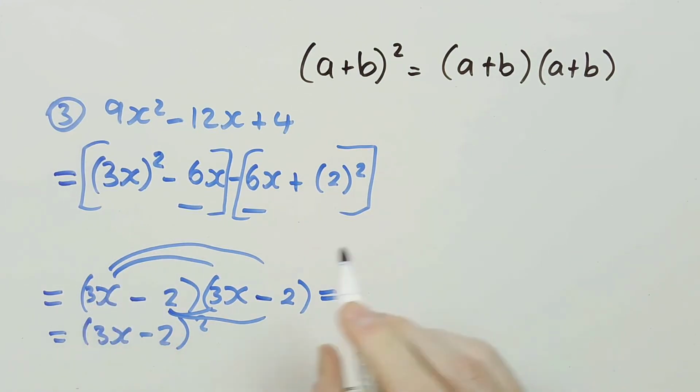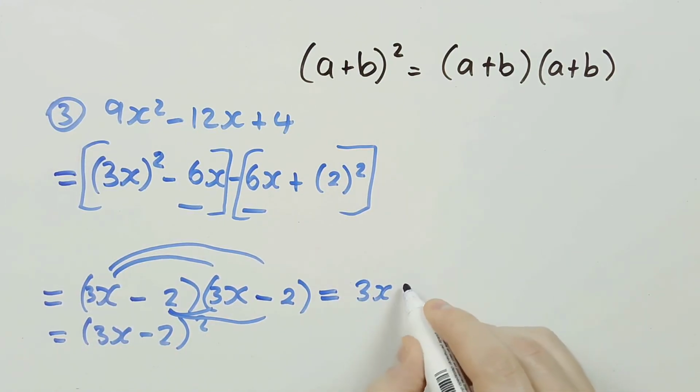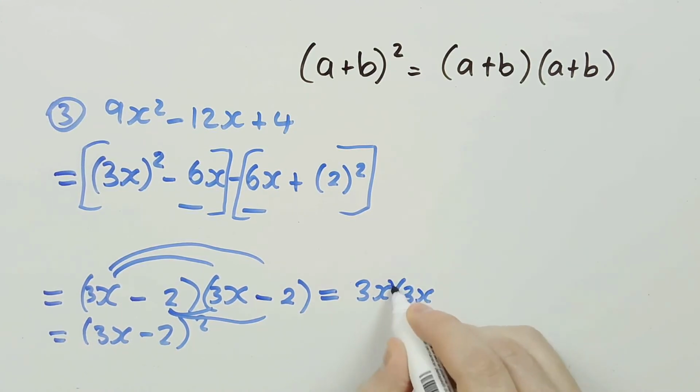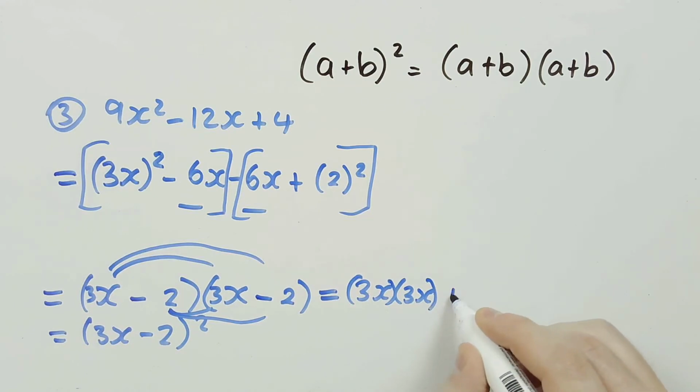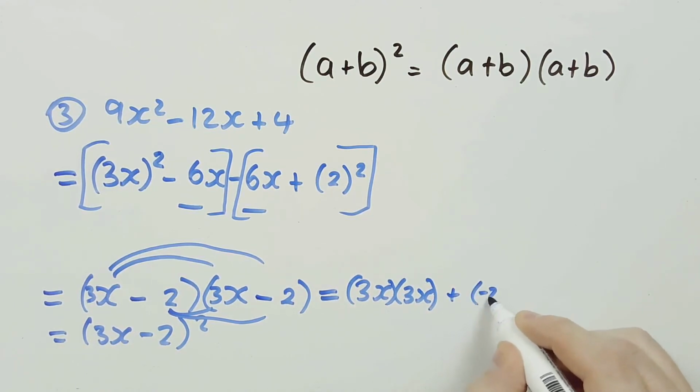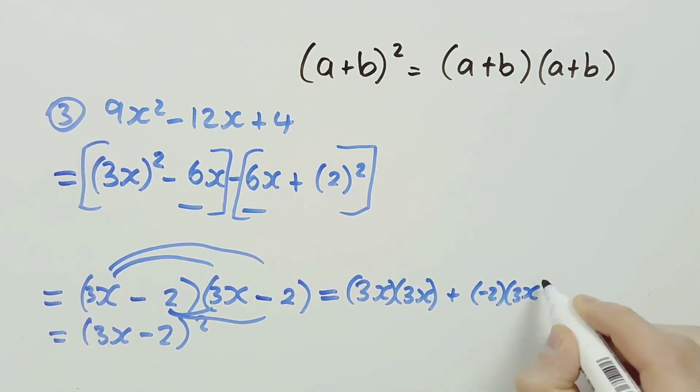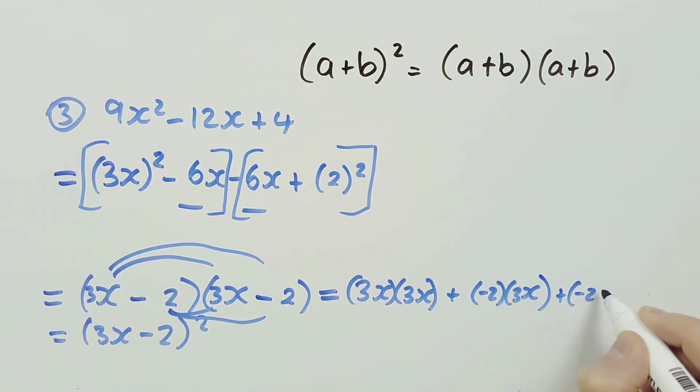We end up with 3x multiplied by 3x, plus negative 2 multiplied by 3x, plus negative 2 multiplied by 3x, and then plus negative 2 multiplied by negative 2.